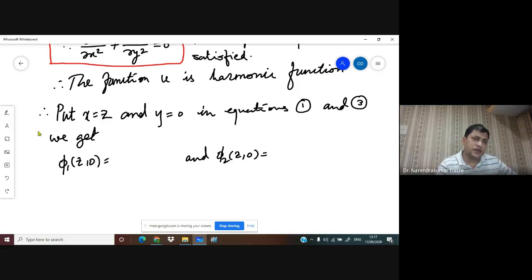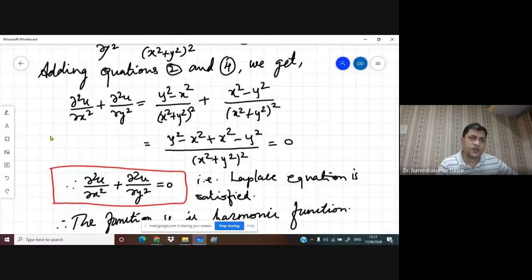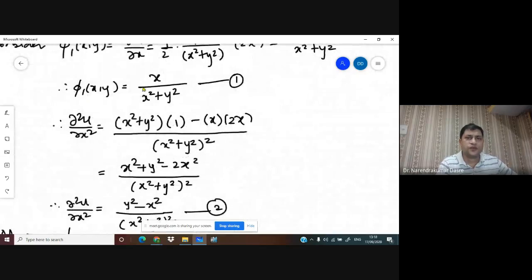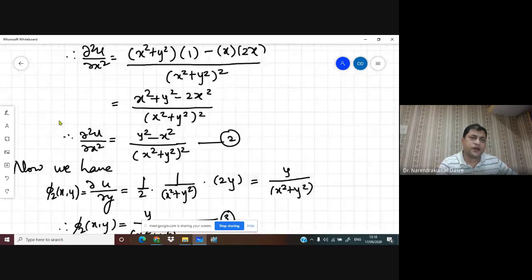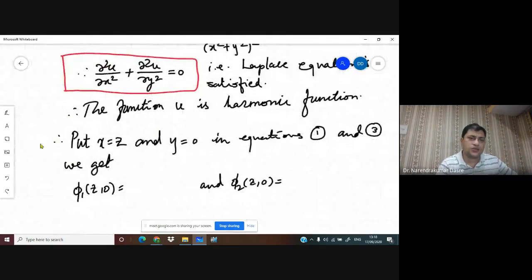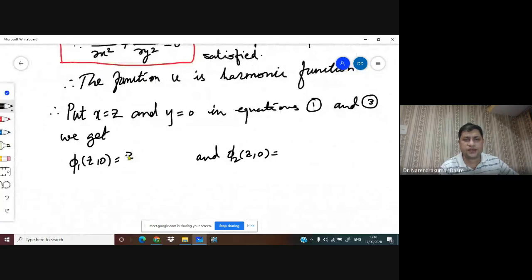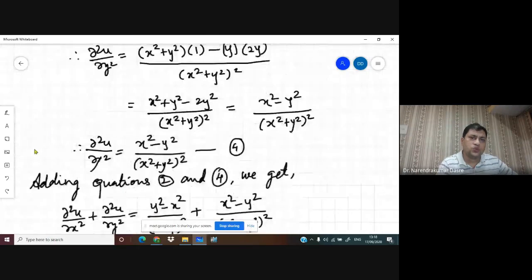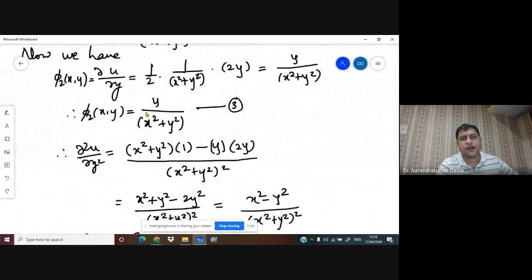So φ1(z, 0). See what is the φ1 that we have. This is going to be z upon z², and this is going to be 0. So it is z upon z², which is going to be φ1. I can write 1 upon z. What about φ2?